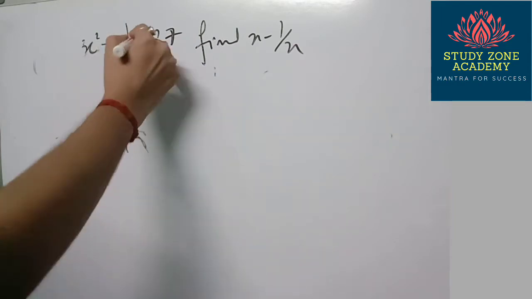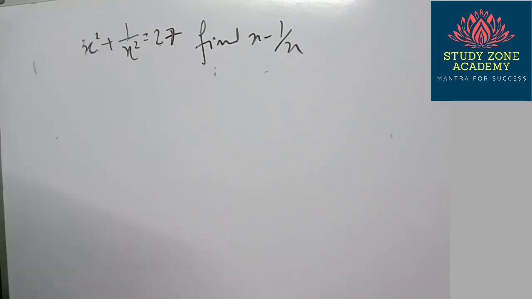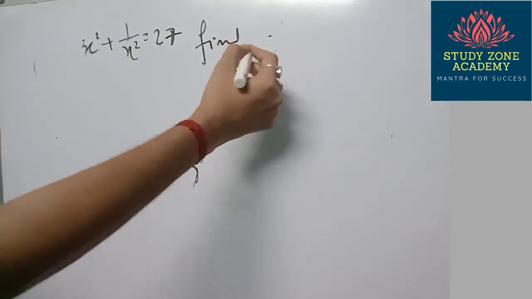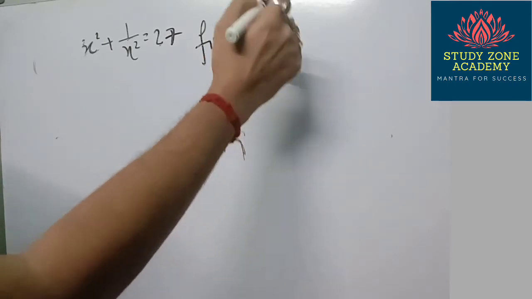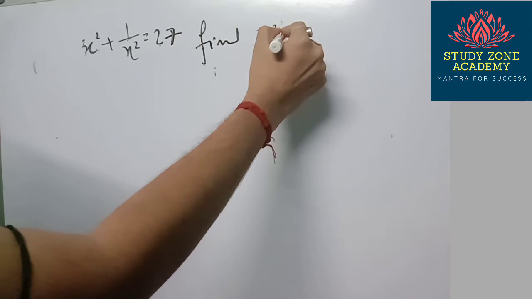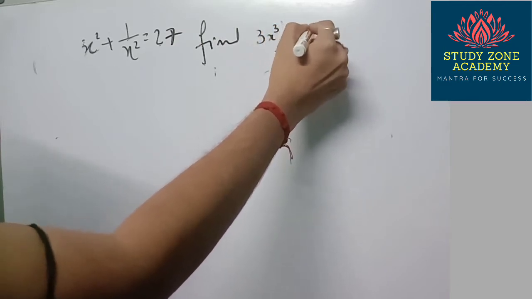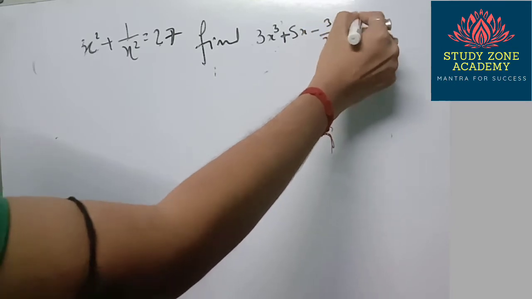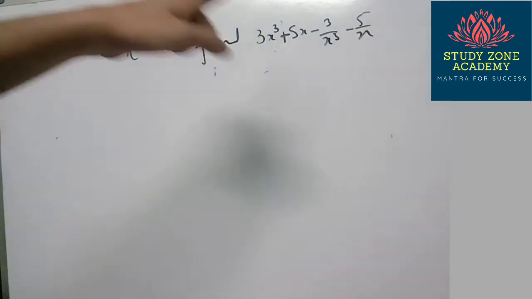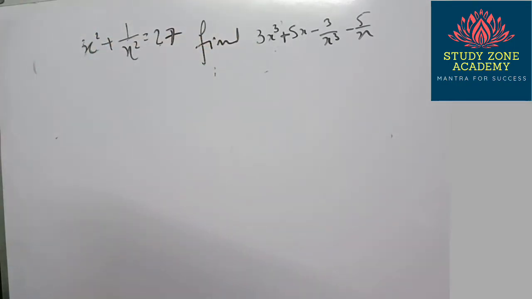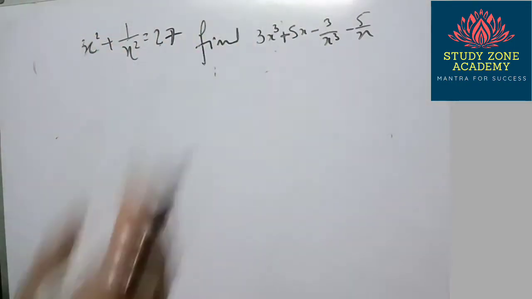Next sum, they've asked us to get the value of 3x cube plus 5x minus 3 by x cube minus 5 by x.